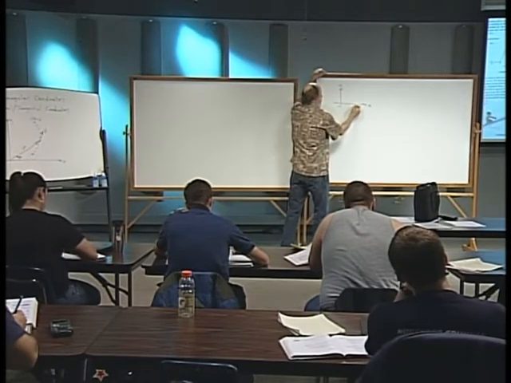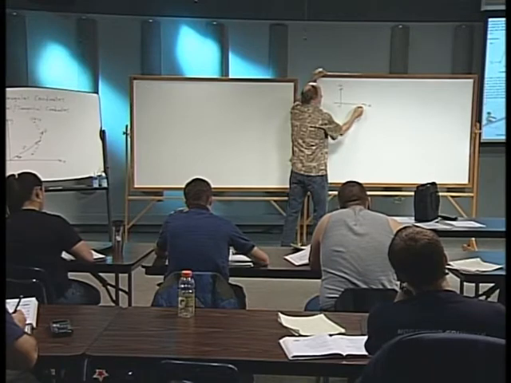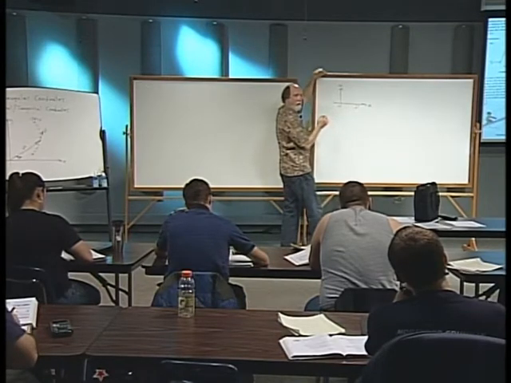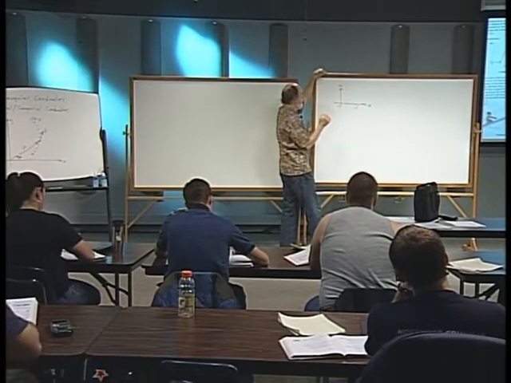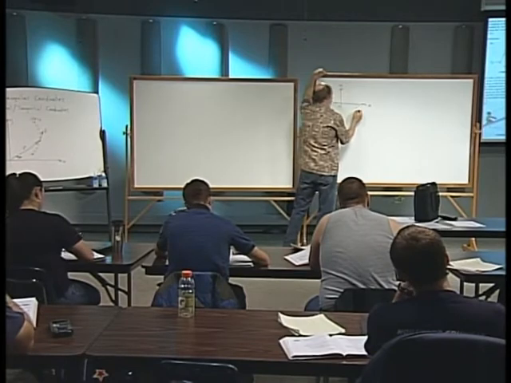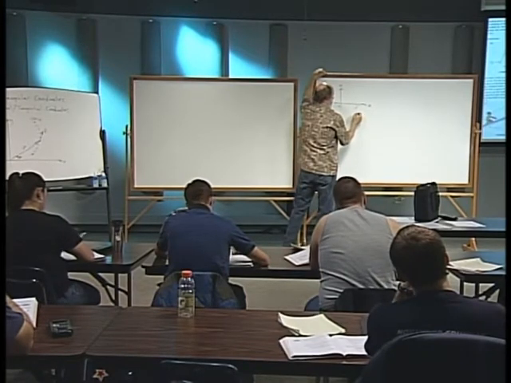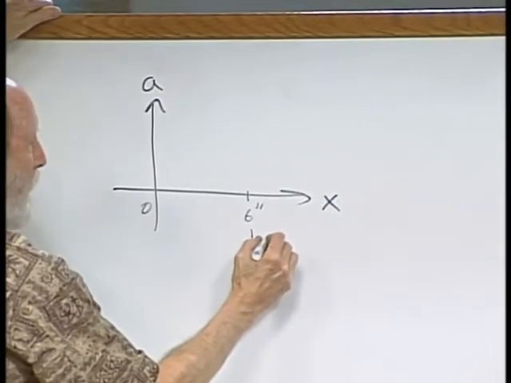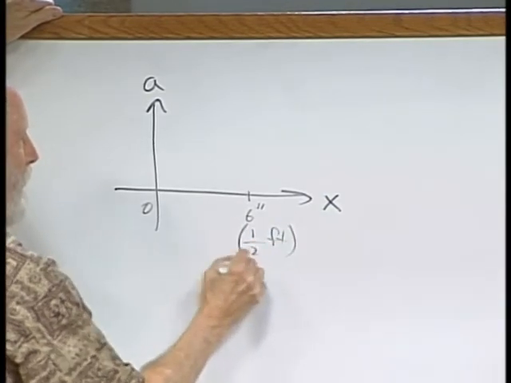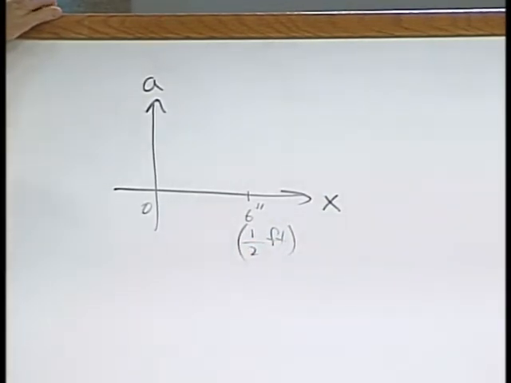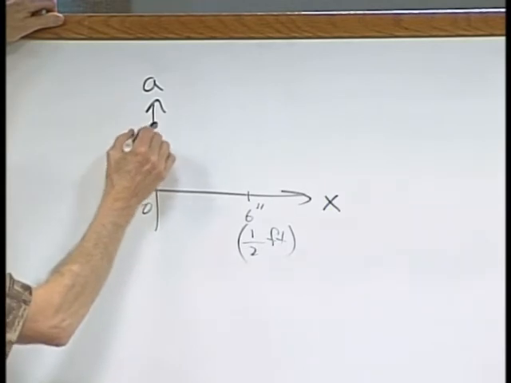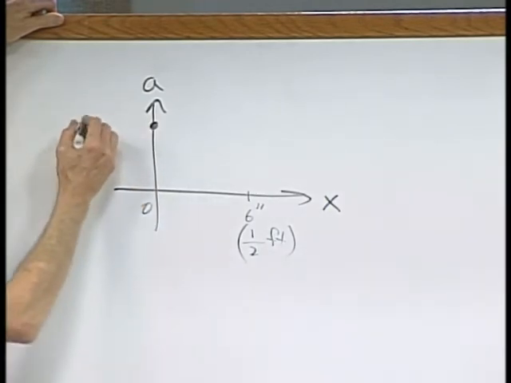So it's going to have to go 6 inches, right? Do you want to convert that into feet, though? Yes, that's correct, you want your units consistent. I'm glad you mentioned that. So this is going to be 1/2 of a foot of compression, and the reason is that the initial acceleration was given as 400 feet per second squared.